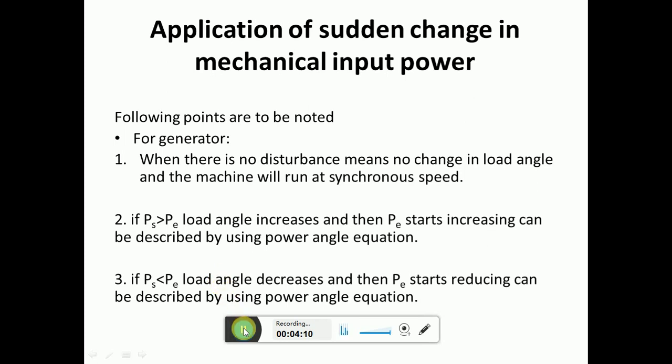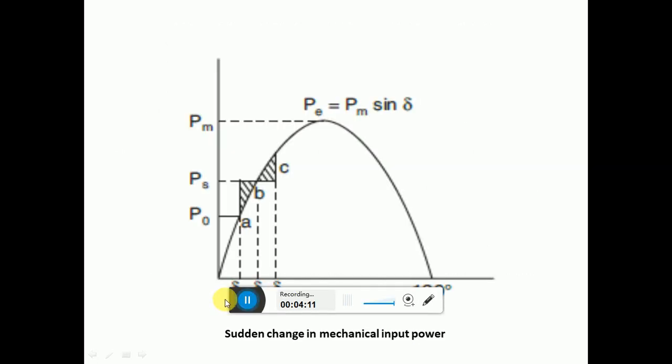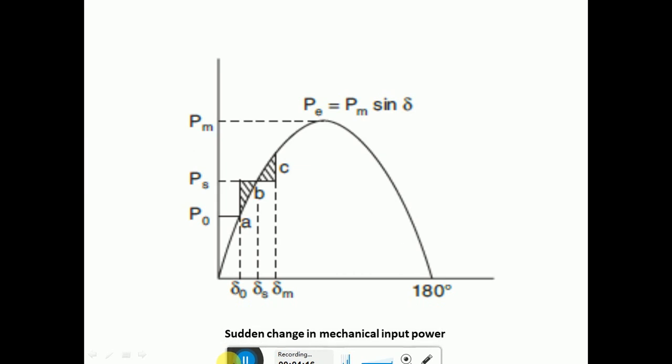Coming to the next, the sudden load change or sudden mechanical input power change can be explained by using the equal area criteria. Let's take this power angle curve.